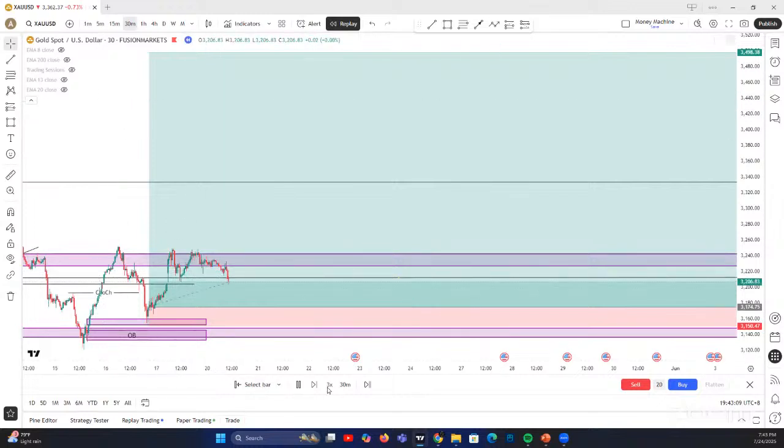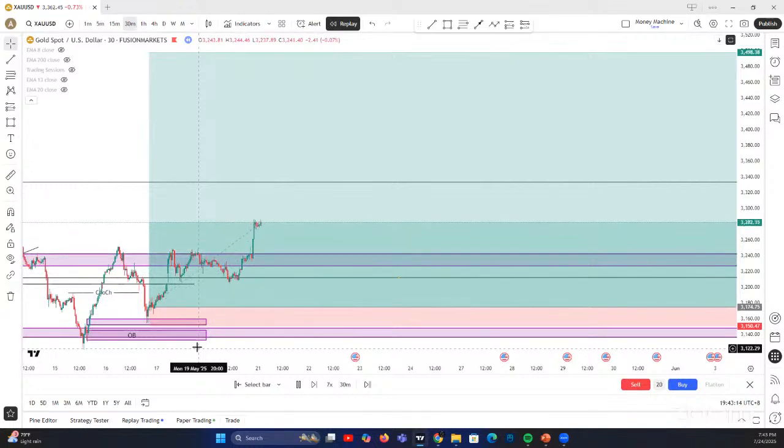Let's speed it up a bit. You see, my friend, when all the time frames are aligned, you have some deep pockets now, huh? Deep pockets for this profit.